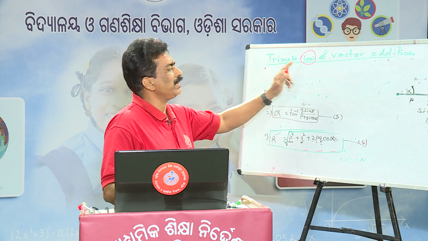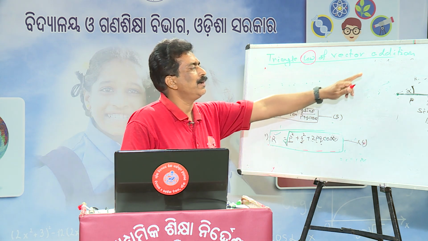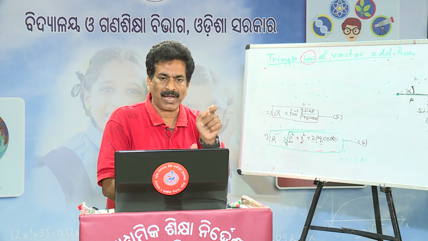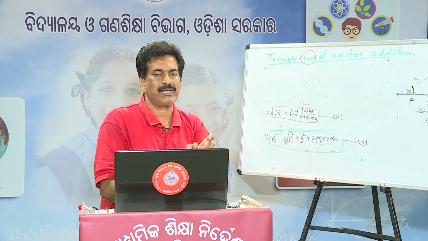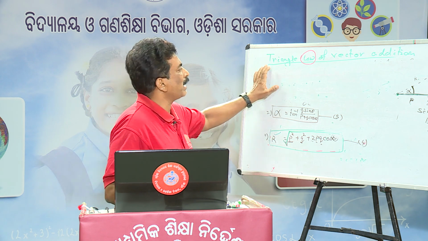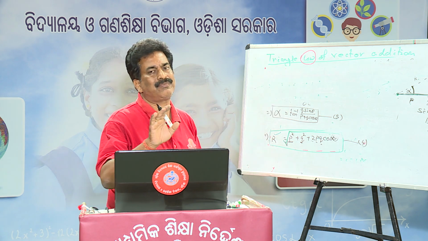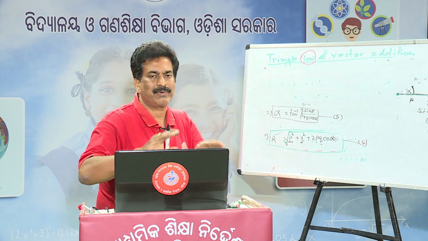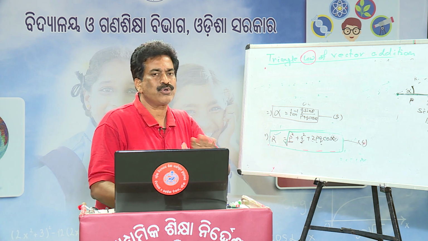So we are interested in finding the magnitude and the direction of the resultant analytically, meaning by making some analysis. Analytically comes from the word analysis. In the analysis you go through it and analyze wholly.